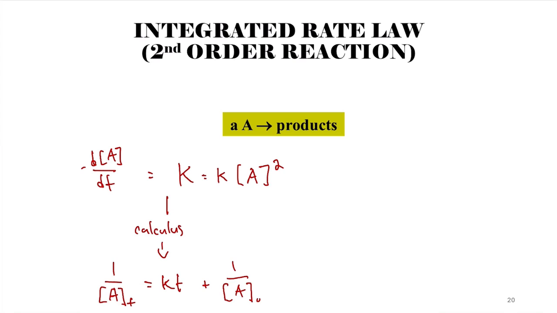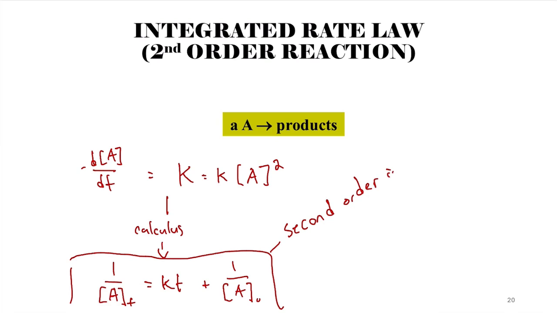You set up the same type of separable differential equation. The only difference here is that the negative sign is going to end up canceling out. And then you get this form for our second order integrated rate law.